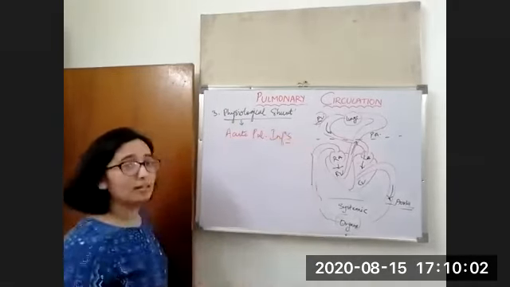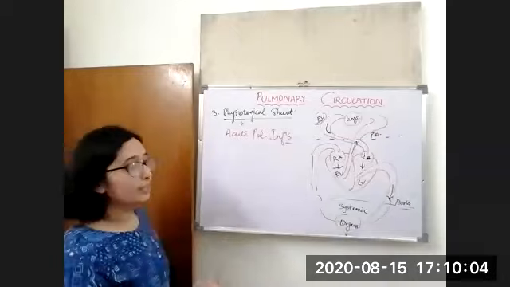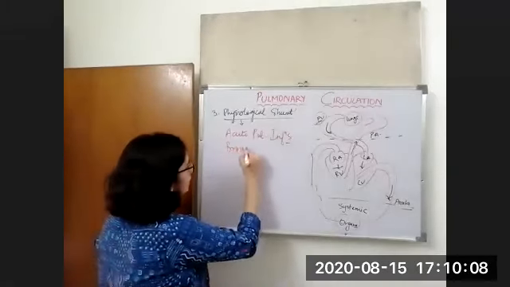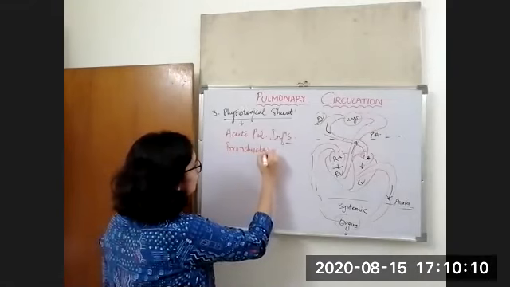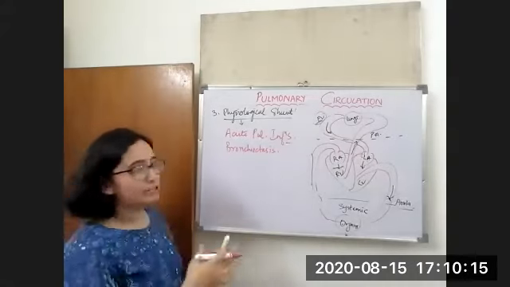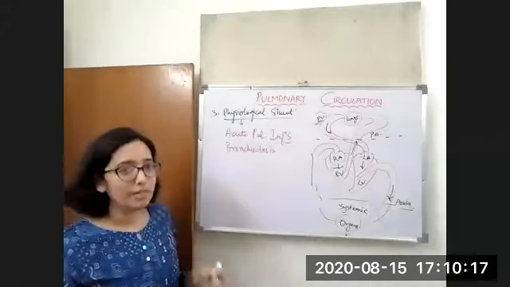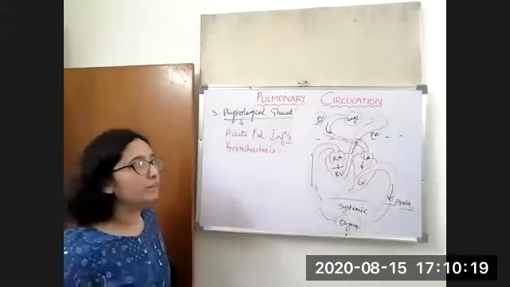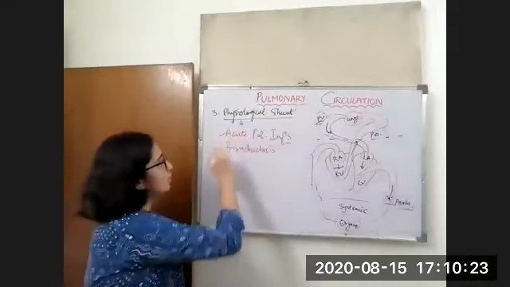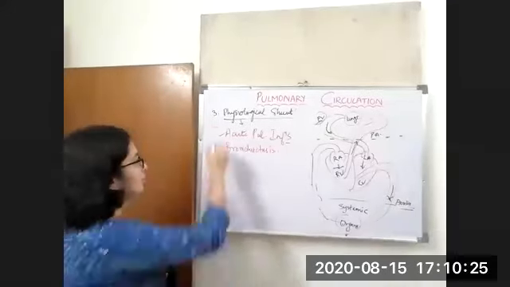Any infection in the lung can lead to this abnormal pulmonary shunt, and bronchiectasis. Bronchiectasis is nothing but the abnormal dilatation of the bronchi, which can create problems, and this happens due to inflammation. So these are your pathological conditions related to the lung.